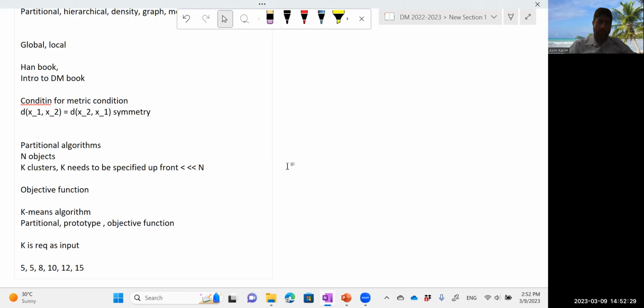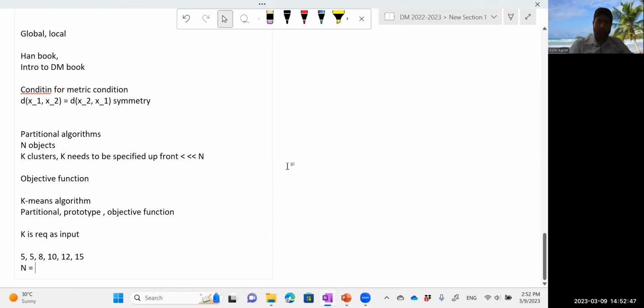How many points do we have? 4, 5, 6, 7. Let's take 7. So n is equal to 7 and let's say k is equal to 2. I want to find two clusters.